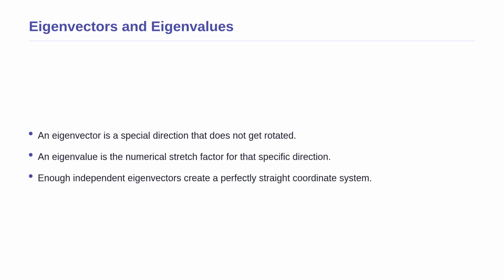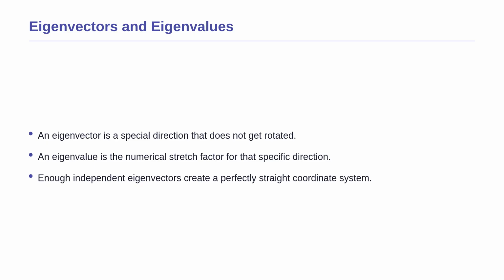To actually untangle this matrix, we need to identify special properties called eigenvectors and eigenvalues. Think of an eigenvector as a special direction in space that stays perfectly straight. When the matrix is applied, this vector is not knocked off its path or rotated. The eigenvalue is simply the numerical stretch factor.